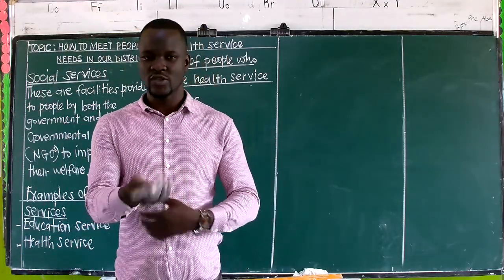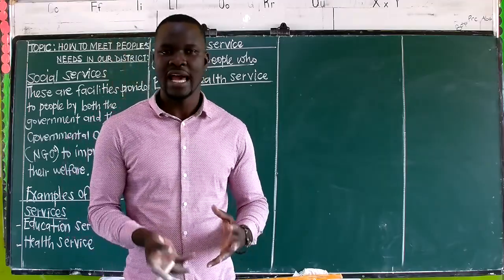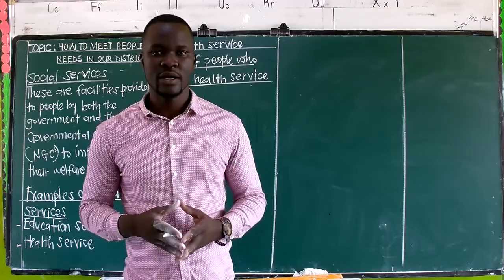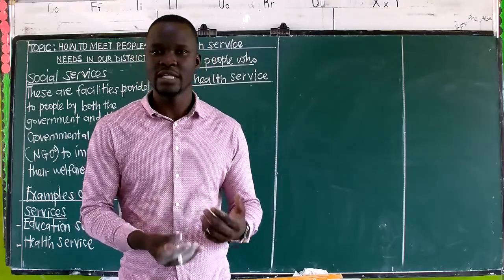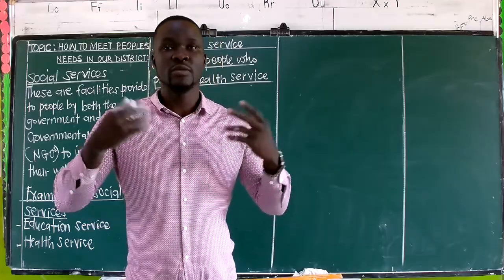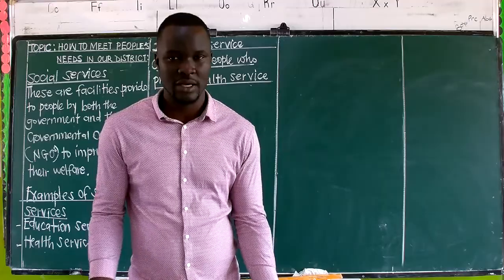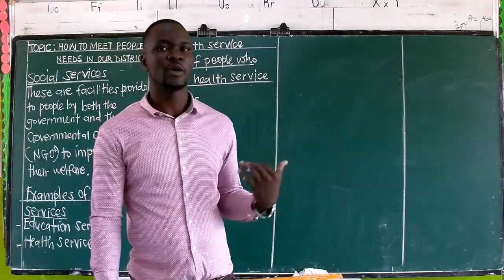They get the extracts from the trees, maybe the leaves or the roots, and then they mix them to make a medicine that when one swallows it, the person heals from the disease that the person was suffering from. So these are the people we call herbalists.